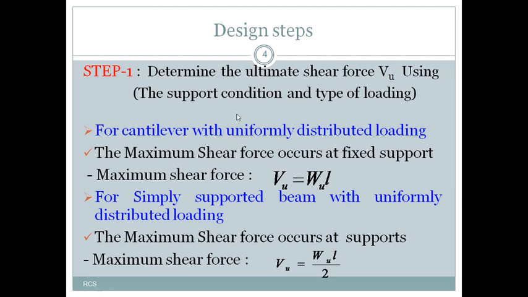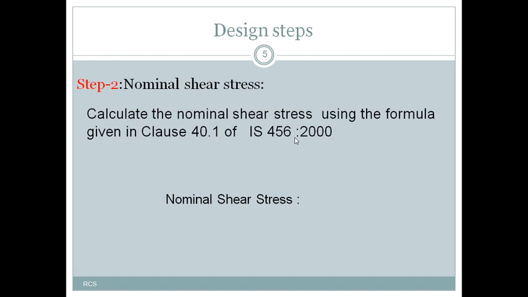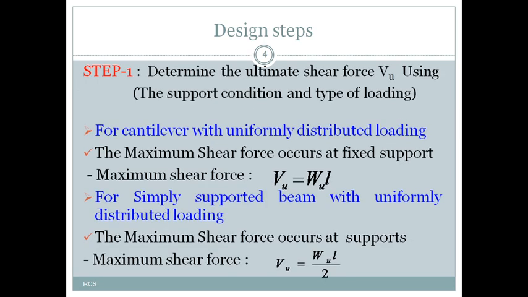But anyhow, when we are writing a board exam, diploma exam or university exams, they will mention that we have to calculate the ultimate shear force at the supports only, for a simply supported beam as well as a cantilever beam. Like this we can calculate the ultimate shear force.